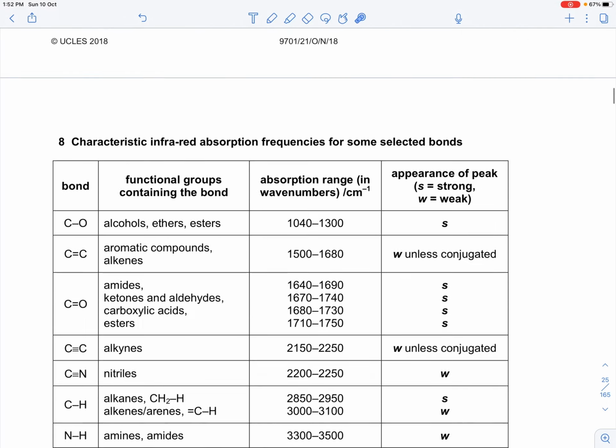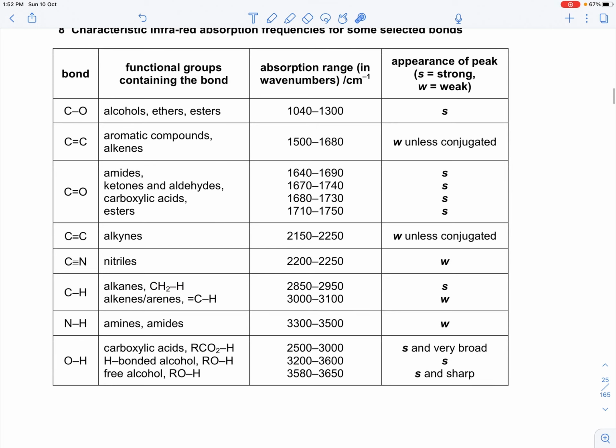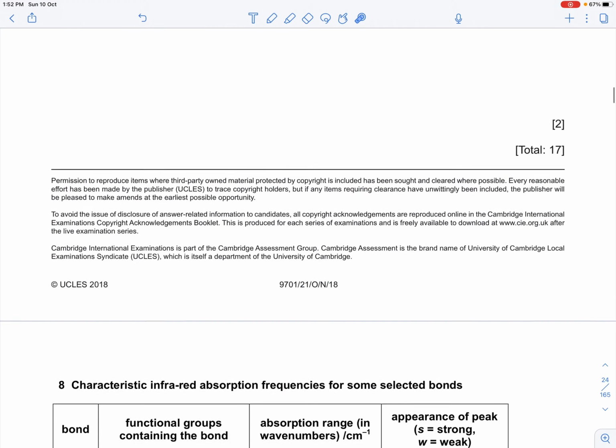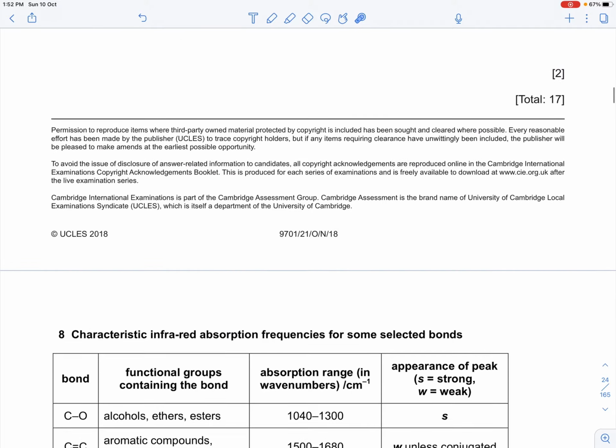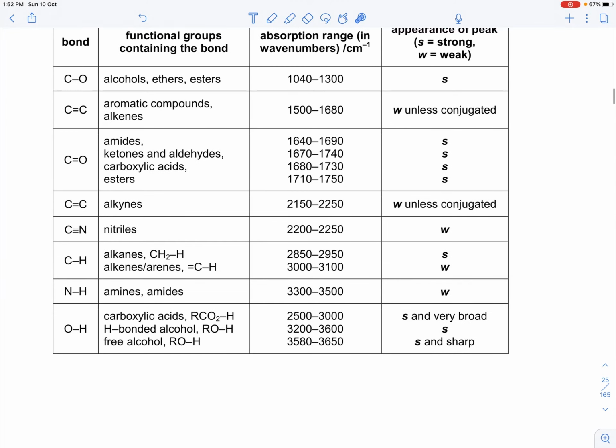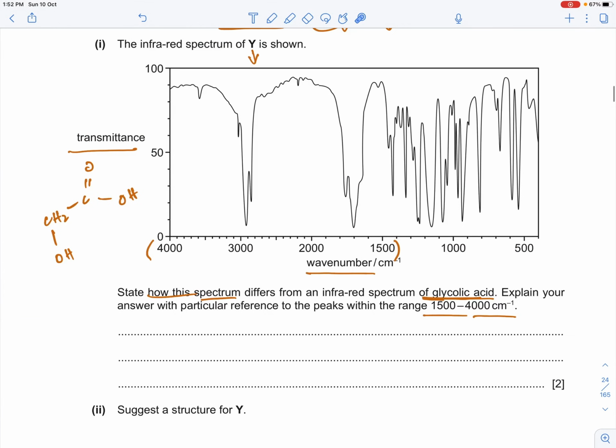So for glycolic acid, there must be an OH peak of the carboxylic acid which would be in the range of 2500 to 3000, and there is no such peak because if you look at the table, this must be a strong and very broad peak, and we do not have any broad peak.